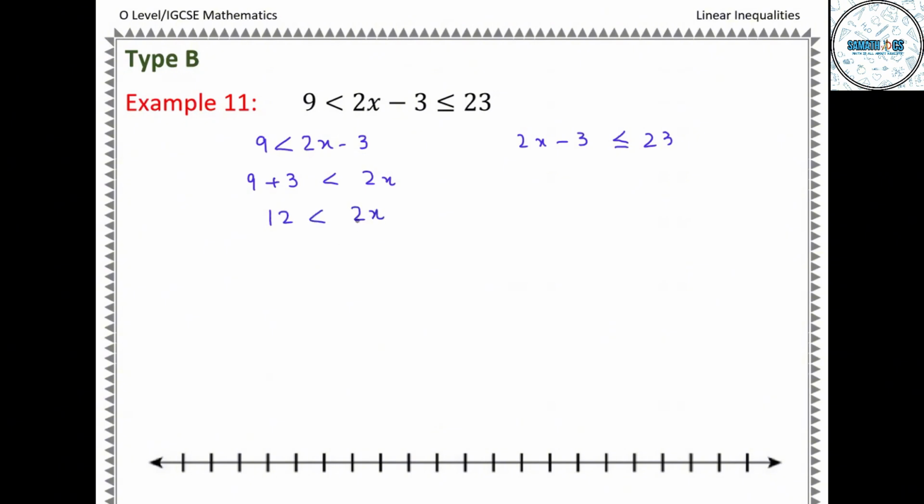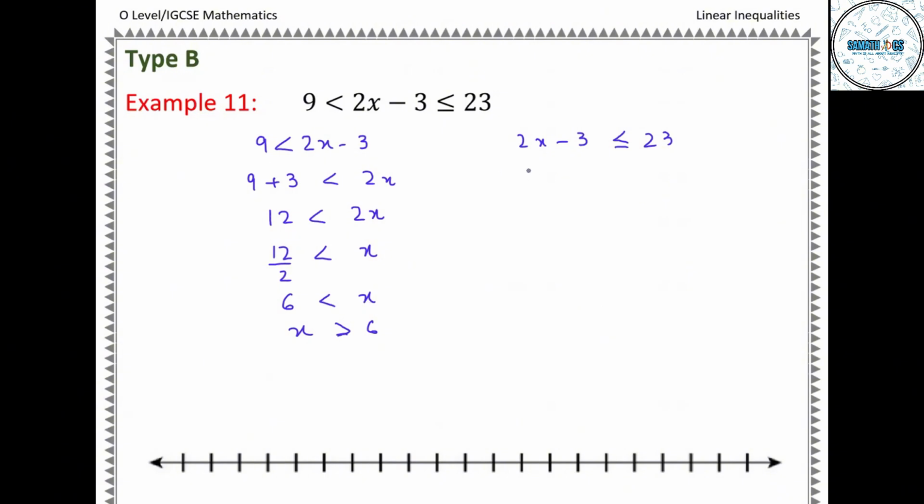And we have x multiplied by 2, so this will be divided by 2. And we have 6, which is less than x. 6 is less than x means x is greater than 6, right? The number which is written on the open side is greater. So we can write x is greater than 6, and it is the same as 6 is less than x.